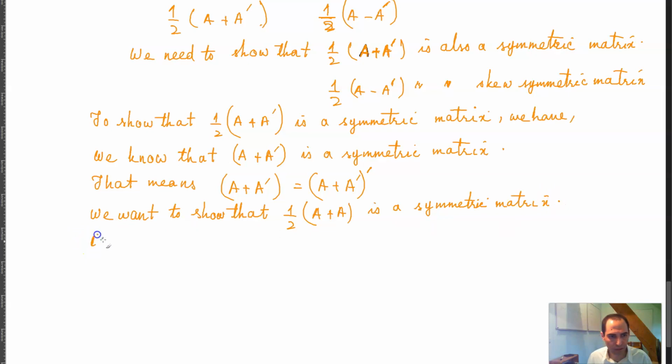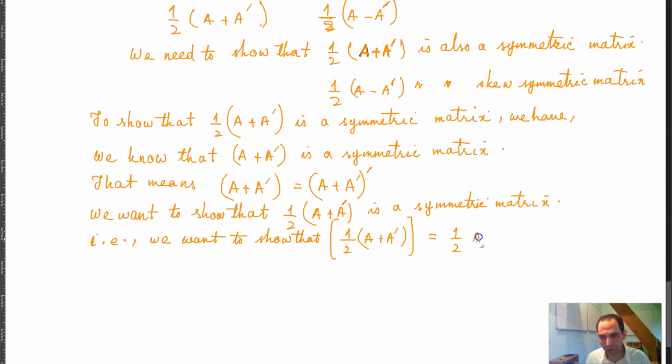That is, we want to show that this matrix, which is 1/2 of A plus A prime, is actually equal to the transpose of itself, meaning that it's equal to 1/2 of A plus A prime whole prime, right?